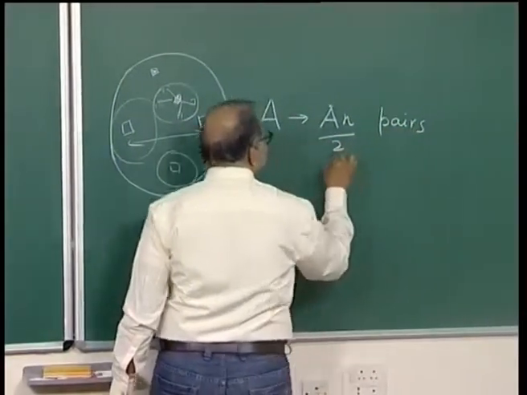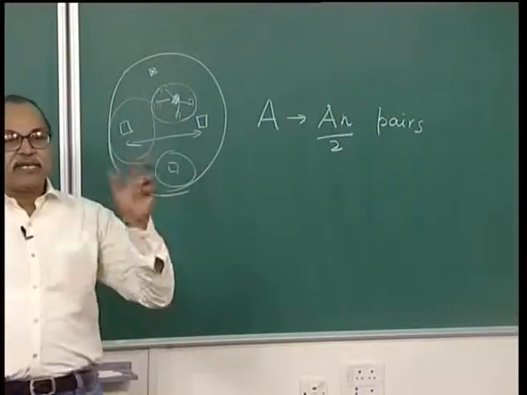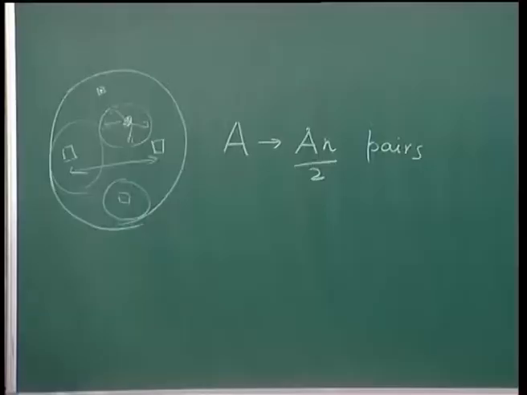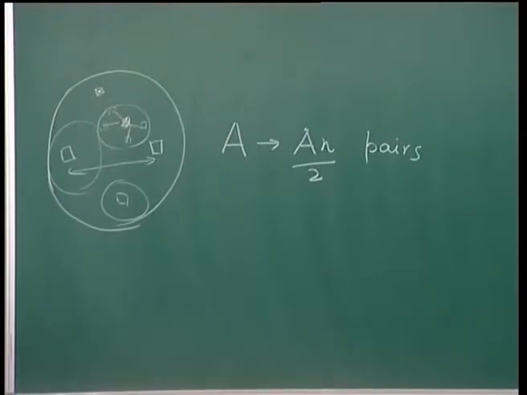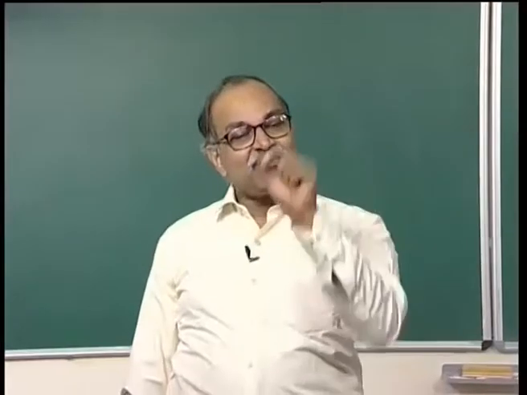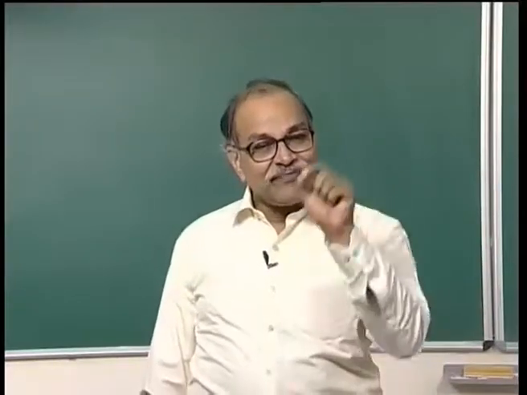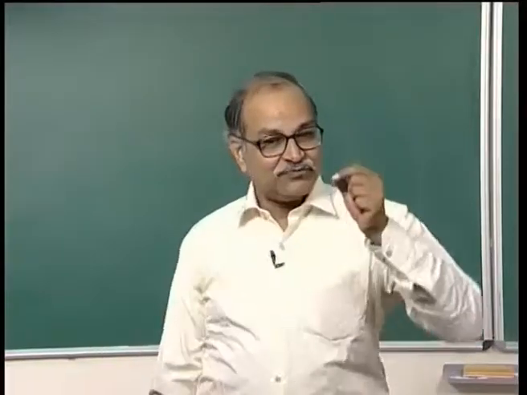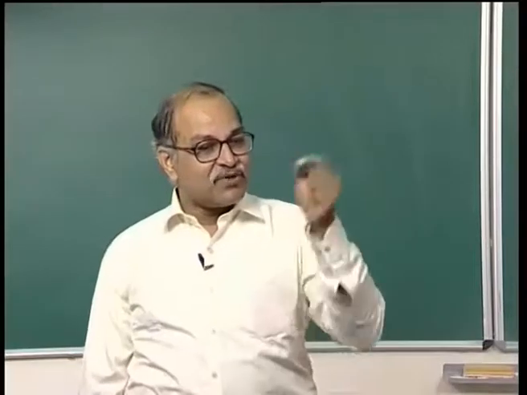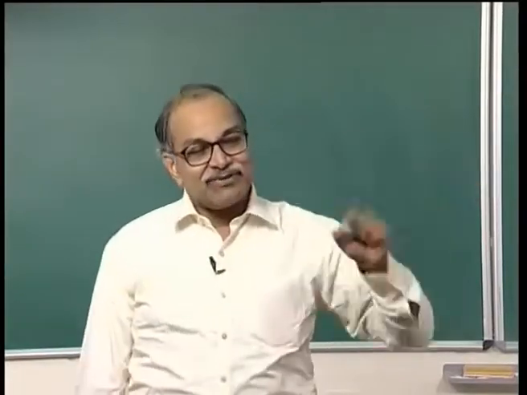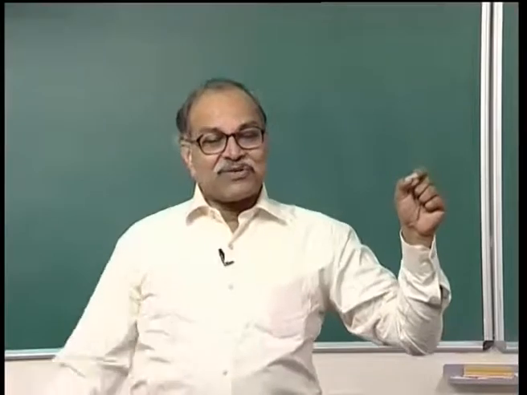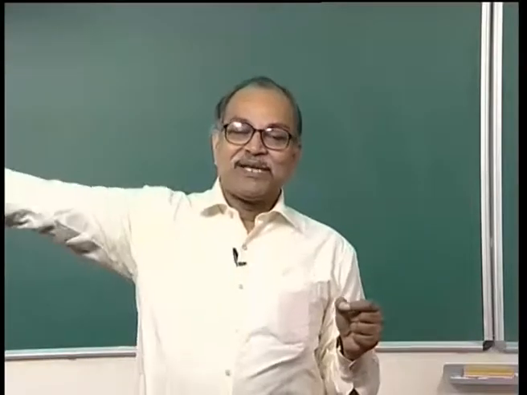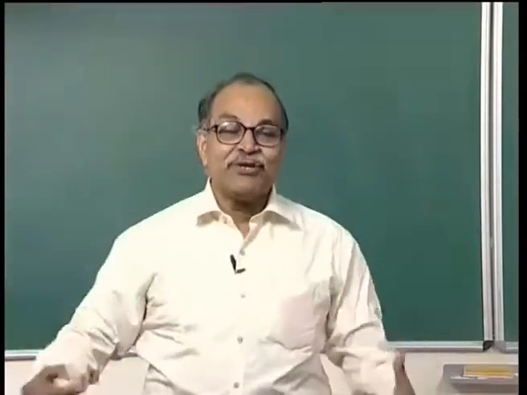but then each pair is counted twice. So, this is divided by 2 also. If each nucleon interacts with small n nucleons around, then one by one, the first nucleon is interacting with these small n, the second nucleon is interacting with these small n, and so on, and I go from the first to the last, all capital A nucleons.